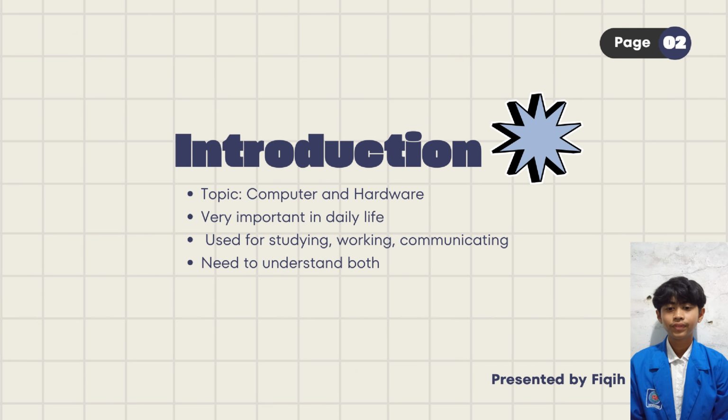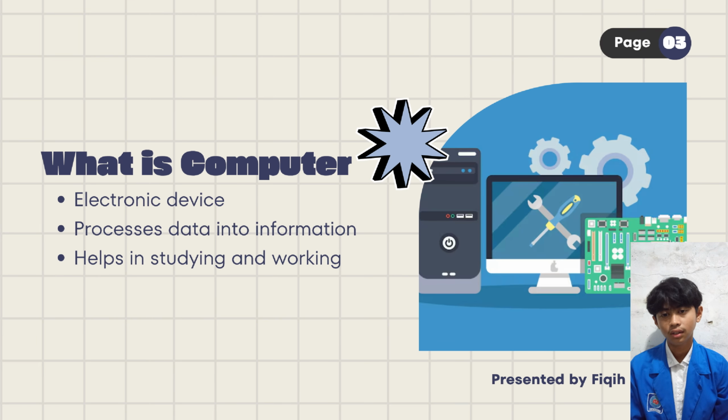Next, introduction. Computers we use them literally every single day, for studying, working, even just scrolling social media. But most of us never really stop to think about how they actually work. Next, what is a computer?